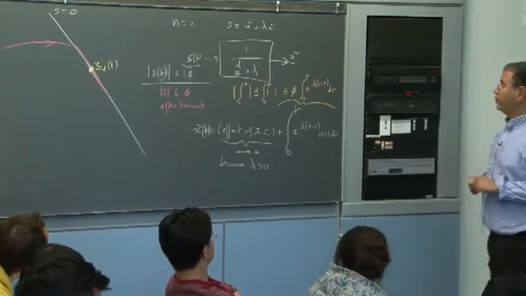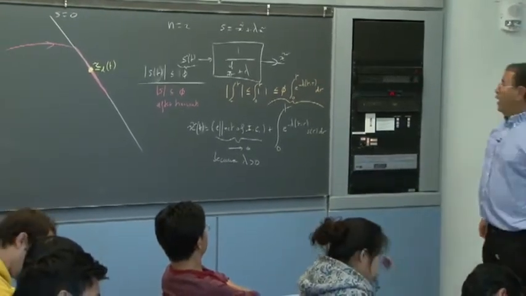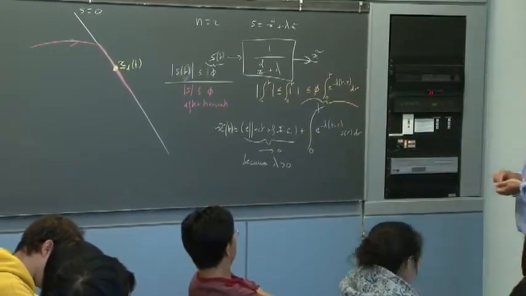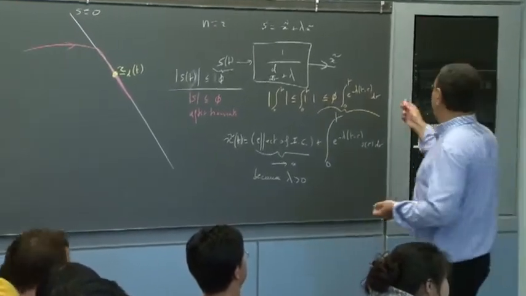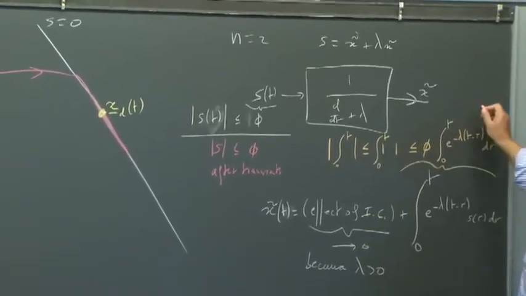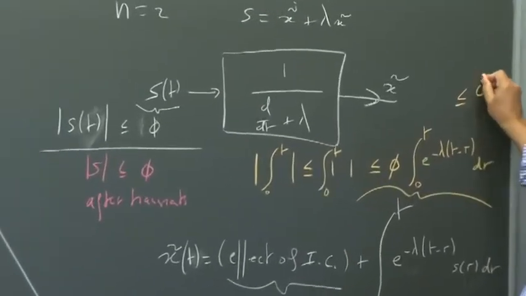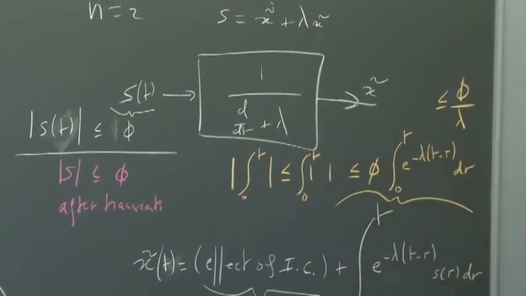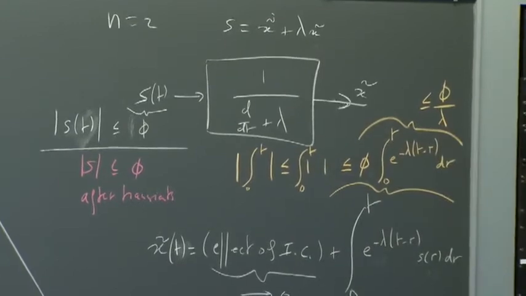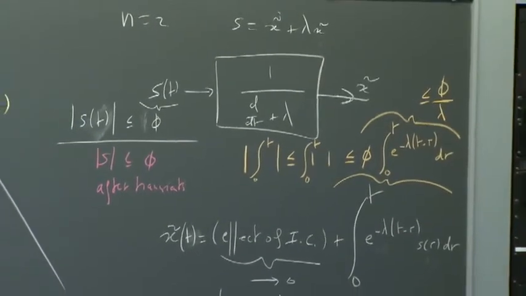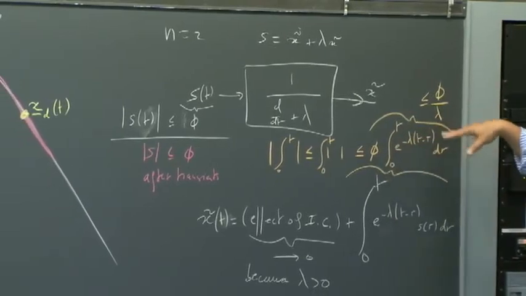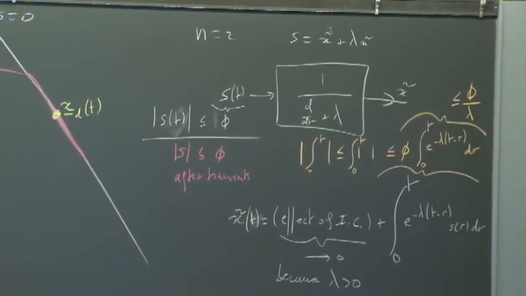You can compute it explicitly, and you'll find that this whole thing is less than phi over lambda. You have phi times e to the minus lambda t divided by lambda.